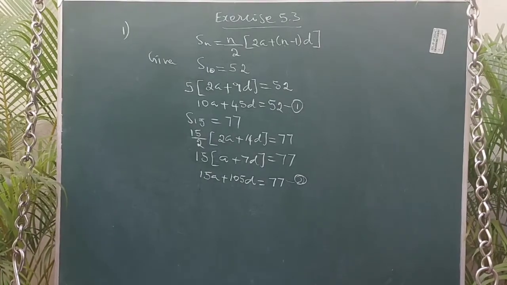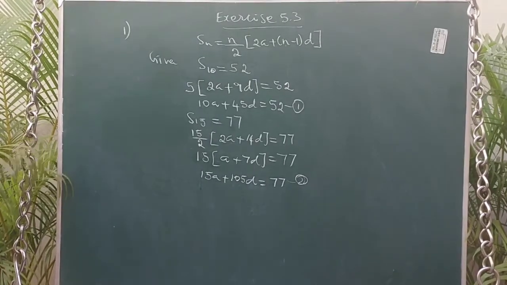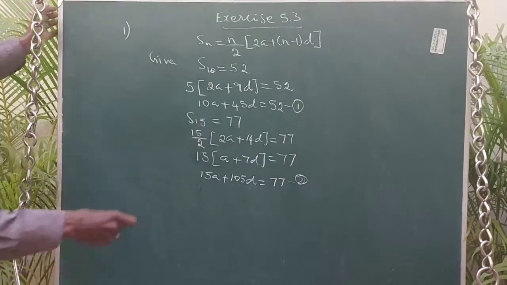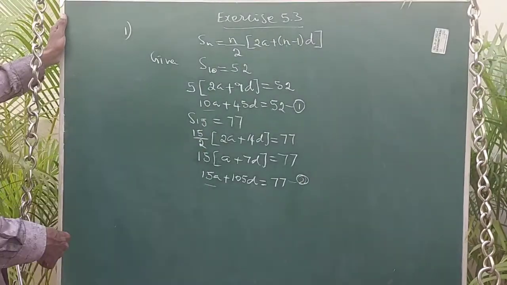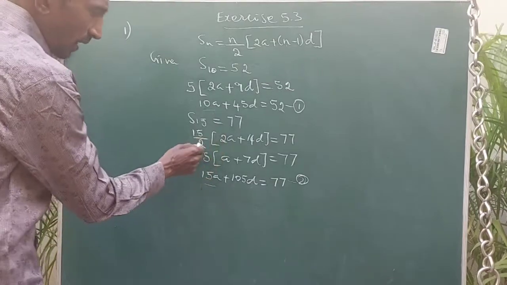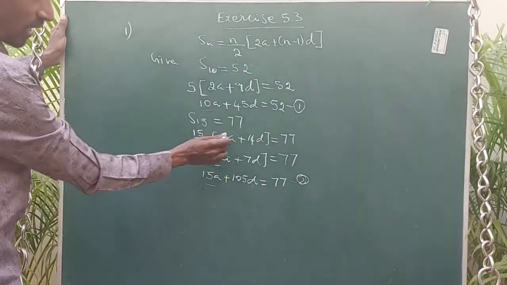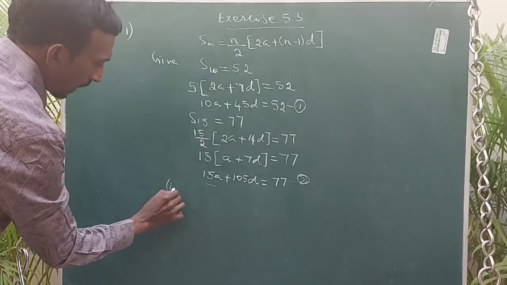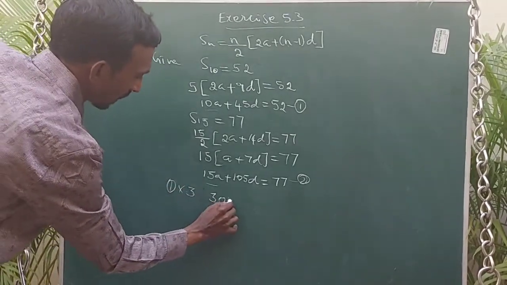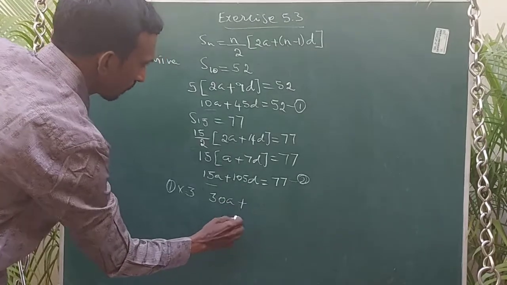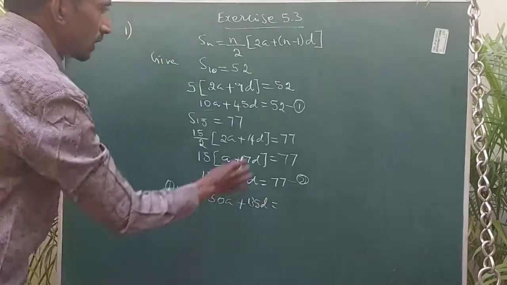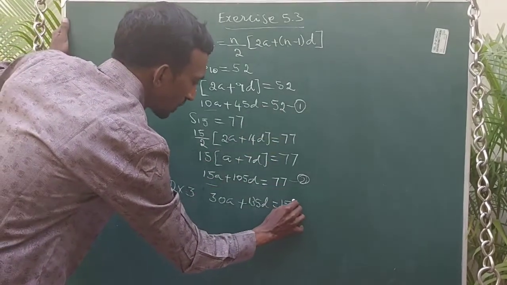and find out what is a and what is d. So what can we do? I think we have to multiply, so the common LCM is 30. So multiply equation 1 by 3, which implies 30a plus 135d equal to 156.